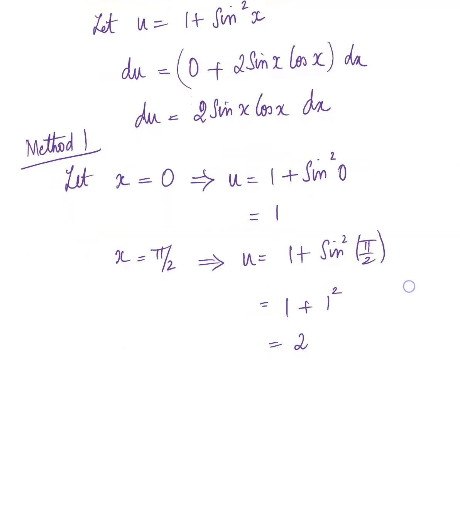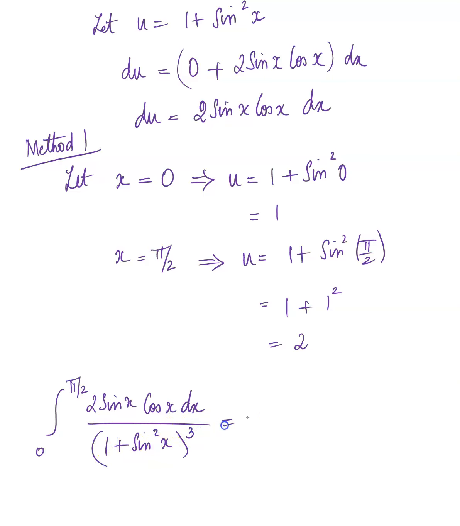So now I'm going to use method 1, which means let me write the question again. 0 to pi over 2, sine x cosine x dx, all over the whole cubed. So my new limits would be 1 to 2. This whole thing is du, right?